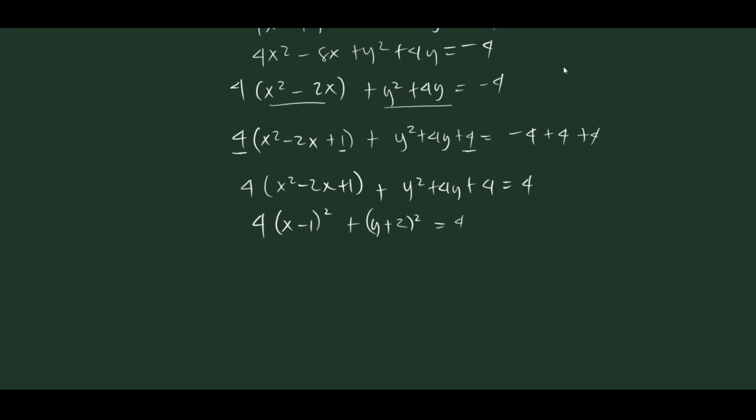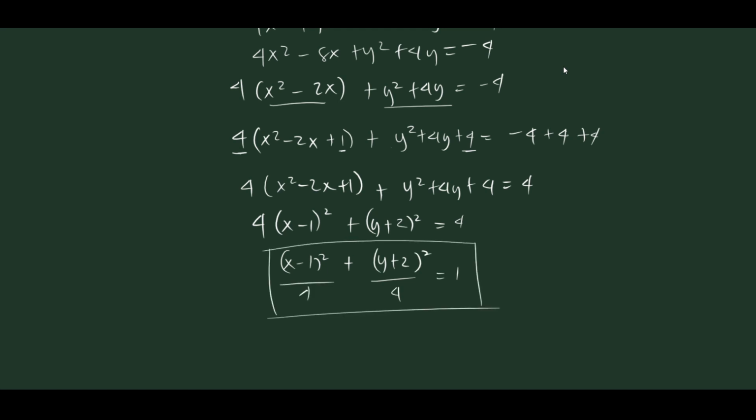Dividing both sides by 4, we get x minus 1 squared over 1, plus y plus 2 squared over 4 is equal to 1. So this is now our standard form of our ellipse.